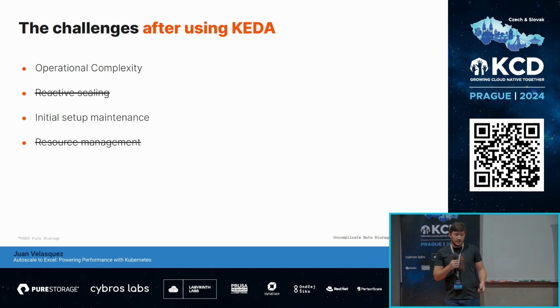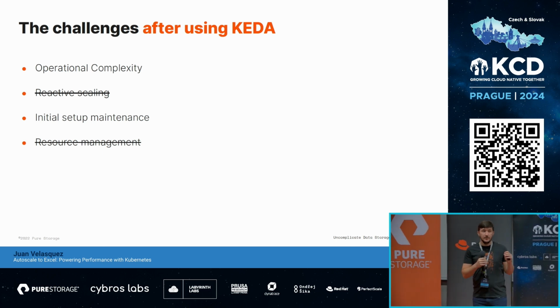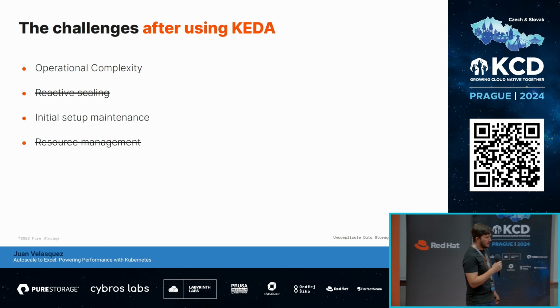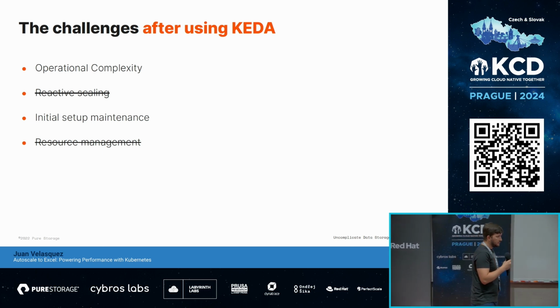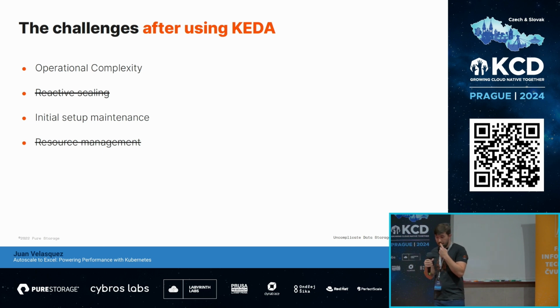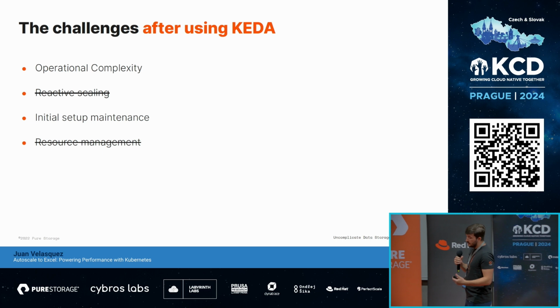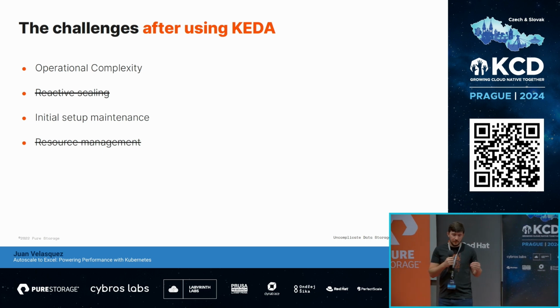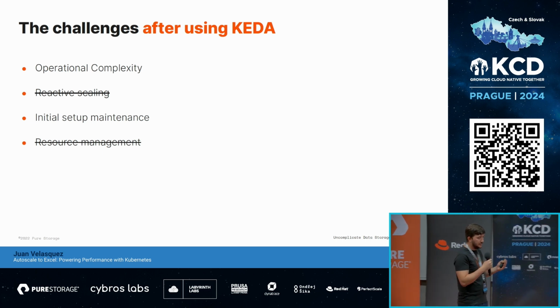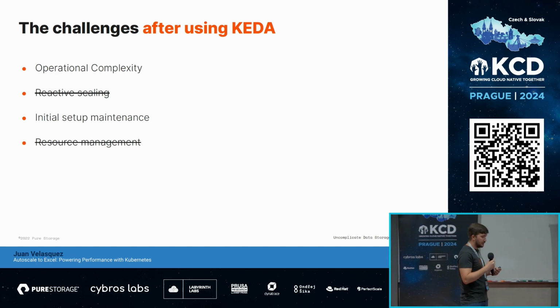So what we did here with KEDA is we started scaling based on our SQS queue size. This way, we would understand how many logs we were supposed to process, and before we start starving, we actually start scaling up.